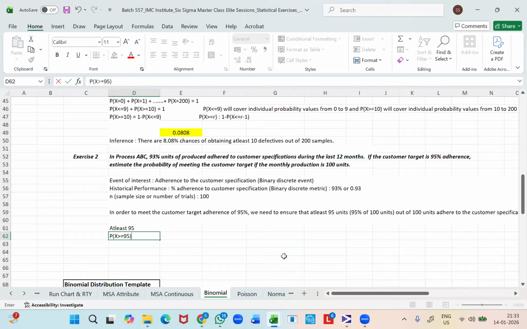So we can say that we are meeting the customer specifications. So in terms of probability notation, this can be written as P of X greater than or equal to 95. And for greater than or equal to, we cannot get the probability value in Excel or Minitab. So we need to convert this into less than or equal to. So how will you perform the conversion? This will be 1 minus P of X.